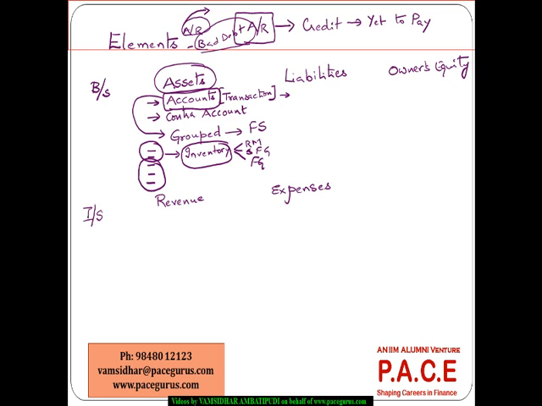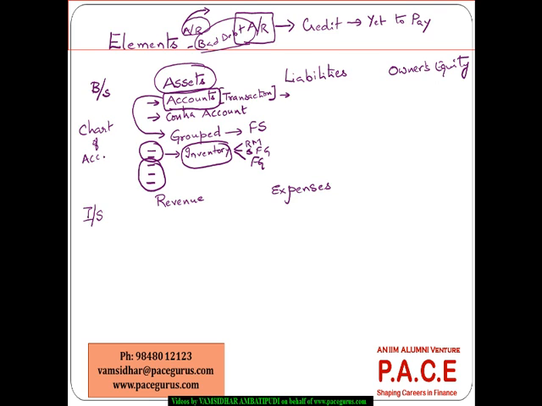So what we could see is, from an elements perspective, there are five. Underneath each element there are a set of accounts, and each account is the header under which the transactions will be recorded, and each of these accounts can be grouped, and that group name is what is represented as a part of the balance sheet or the income statement. So the list of all these accounts without any kind of grouping is what we call the chart of accounts.